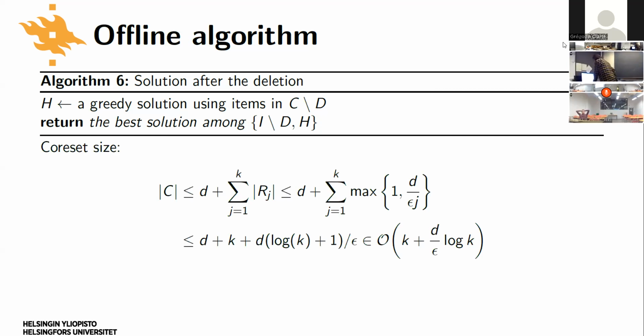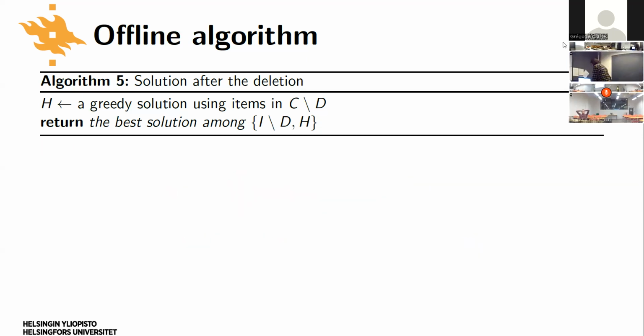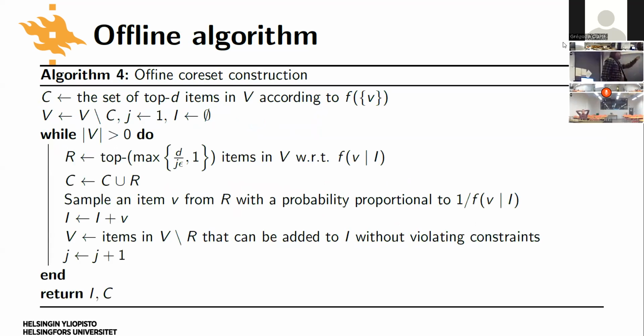So what can we say about the Coreset size here? Let's talk about this reserve set. If you look at it, we added D items there, and then upon every step, we add D divided by J epsilon new items to this Coreset, and this for loop runs at most k times, because otherwise you can no longer add anything to I anymore.